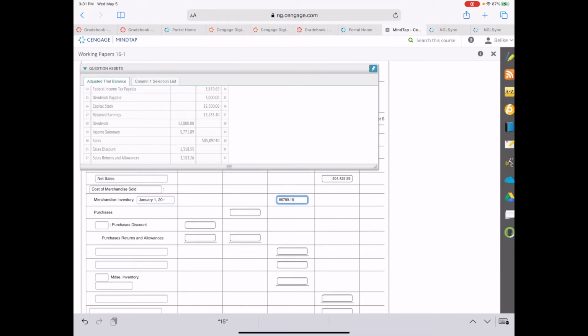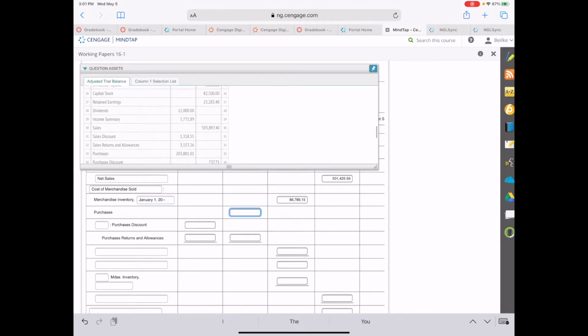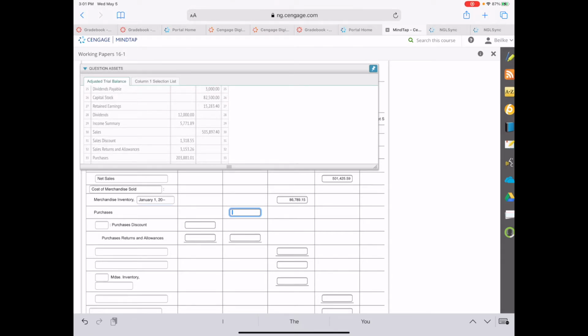$86,789.15. Okay, that was our beginning inventory. We made some purchases, so we have to go find our purchases. Right there, we made purchases of $203,881.01. Along with our purchases, we have some contra purchases, so this is going to be less.